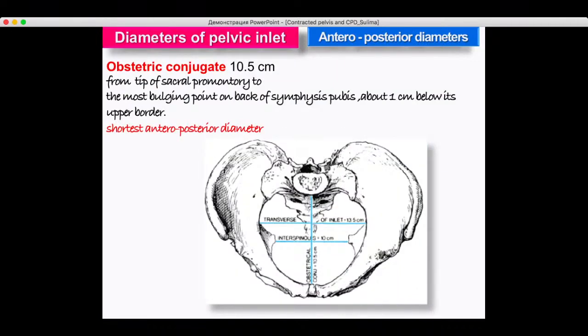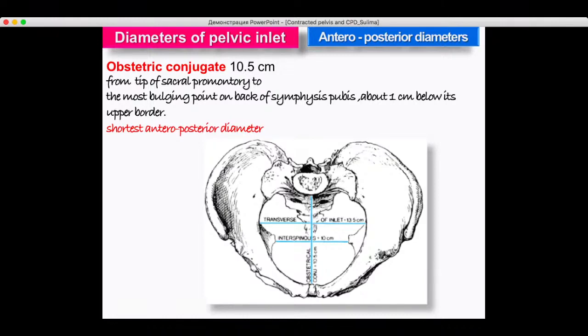Diameters of the pelvic inlet. We have the antero-posterior diameter, such as the obstetrical conjugate, 10.5 centimeters.